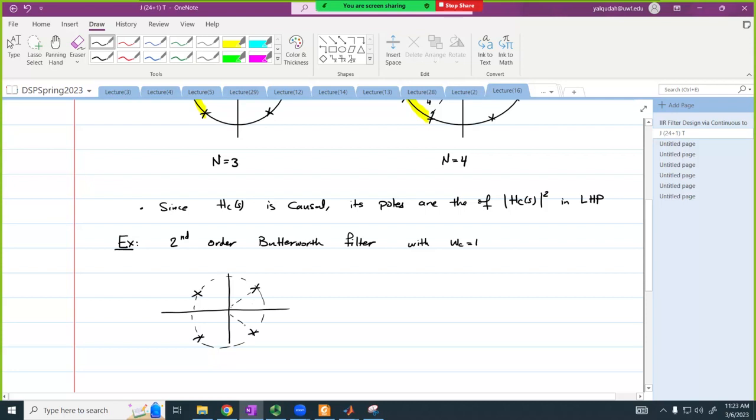And the angle between them is equal to pi over 2. Therefore the poles of HC of s squared are going to be e to j pi over 4, e to j 3 pi over 4, e to j 5 pi over 4, and e to j 7 pi over 4.